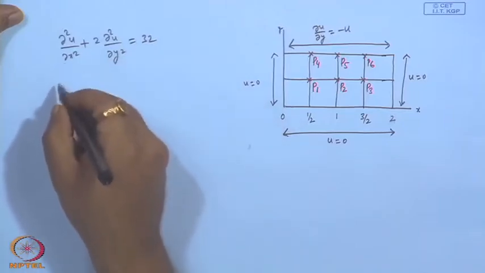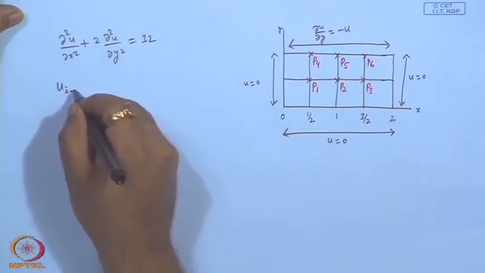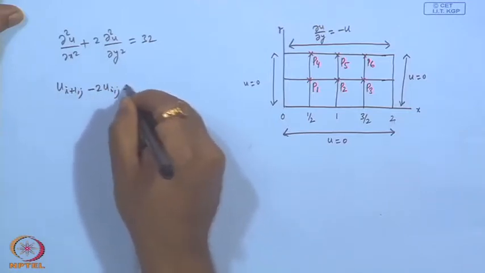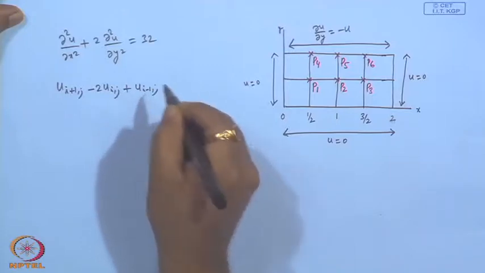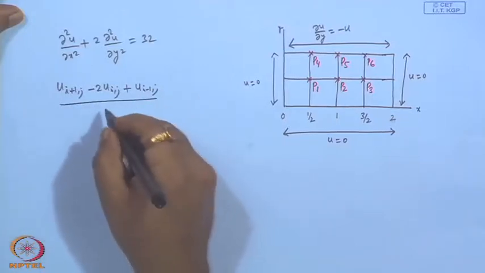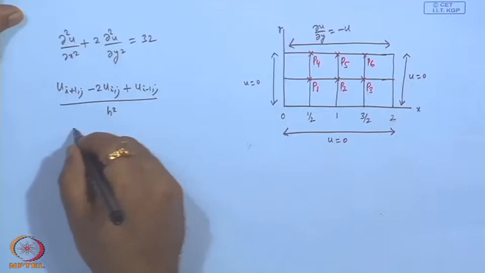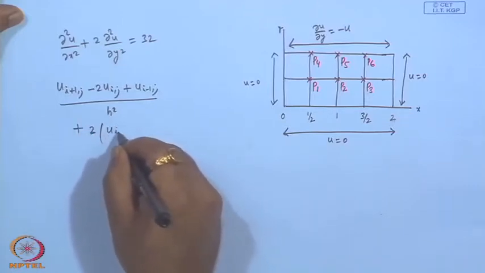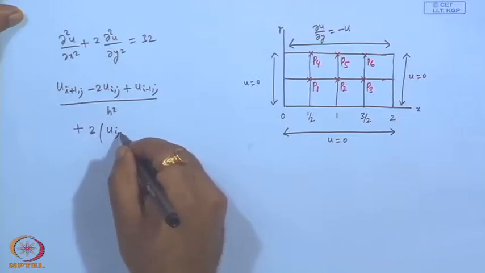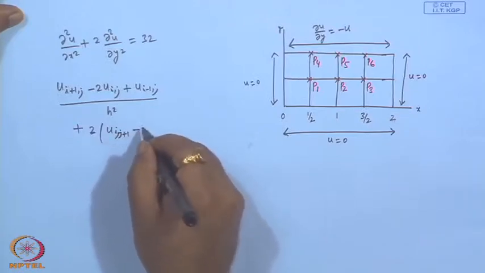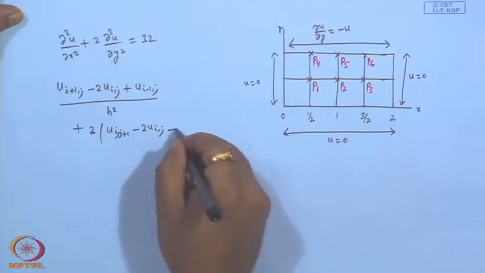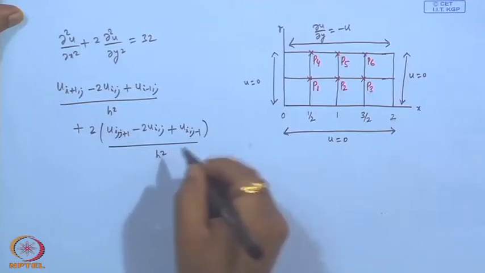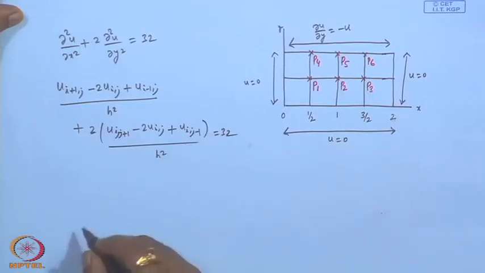Now when we discretize, we get terms over h square plus 2 times u i j plus 1 over h square equals 32.